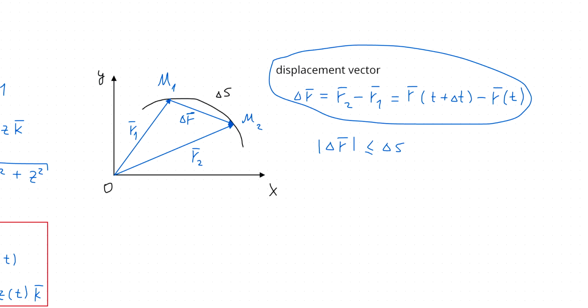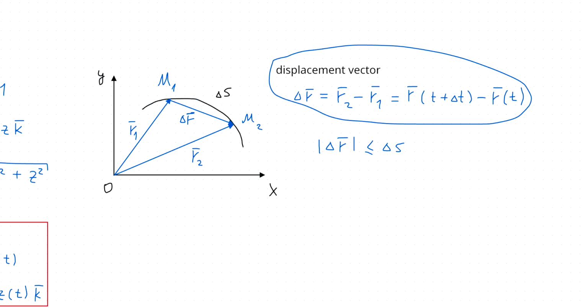Rectilinear motion is motion along a straight line. If you have motion along a straight line, there will be equality. And we can also notice that if we take a shorter displacement vector, its length will be closer to the path length.